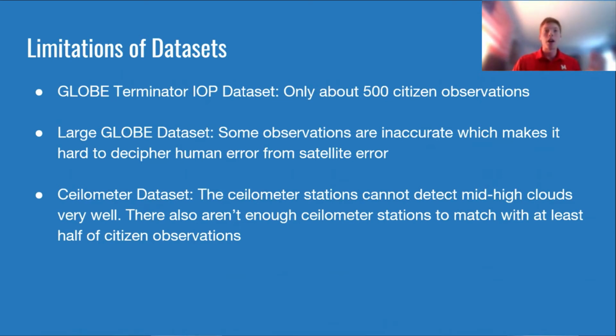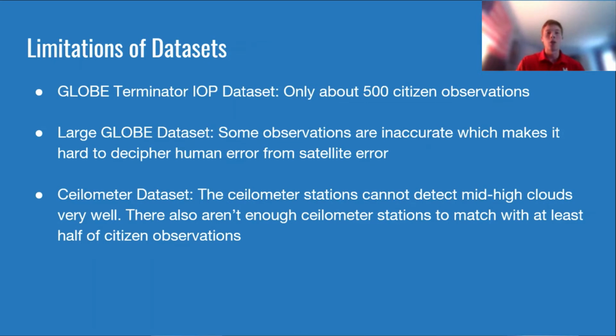So when I'm looking at satellite cloud cover and citizen cloud cover, if they're not agreeing, a lot of the times with the larger data set, it was because of human error, which made it time intensive to go through those observations. That's why we had to bring in the ceilometer data set to make that process a little more efficient. But one of the problems with the ceilometer data set is, again, it can't detect those mid to high level clouds.